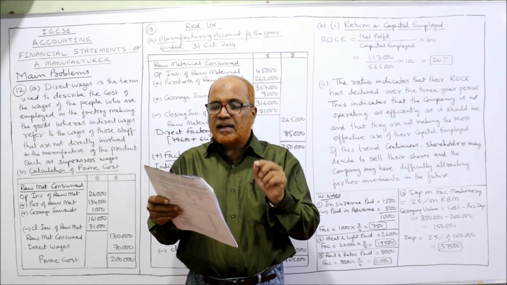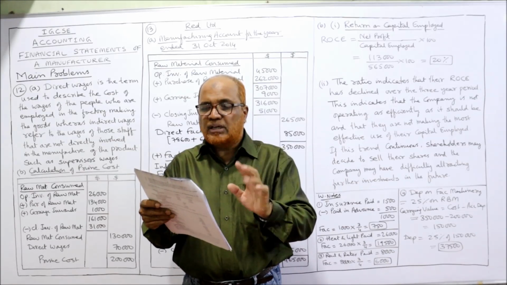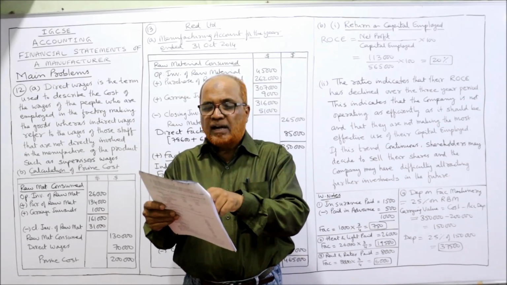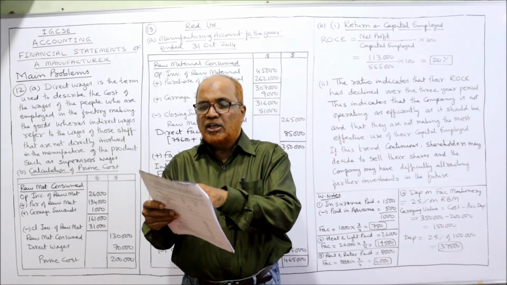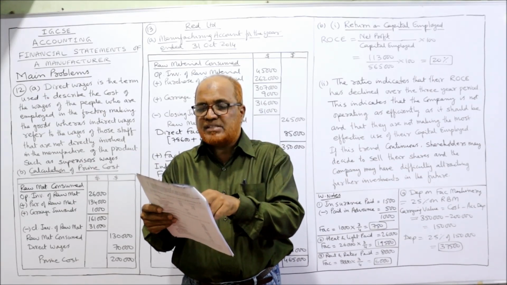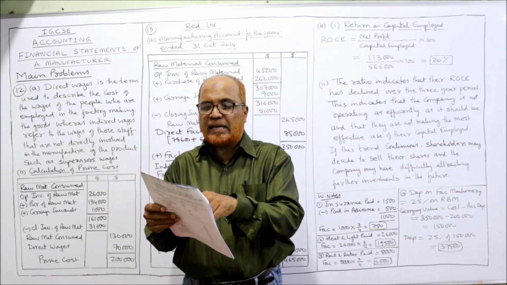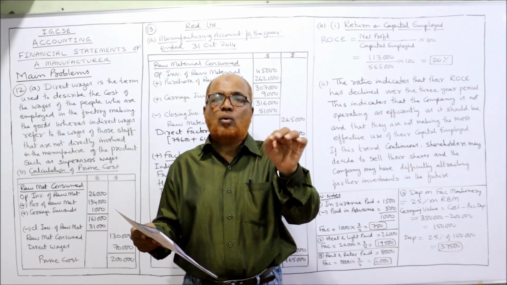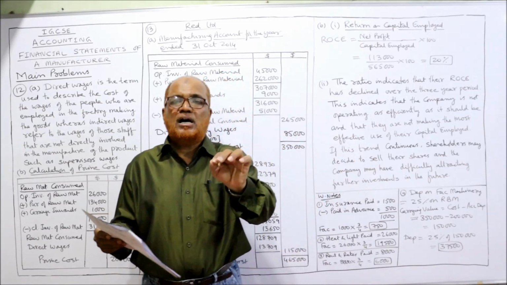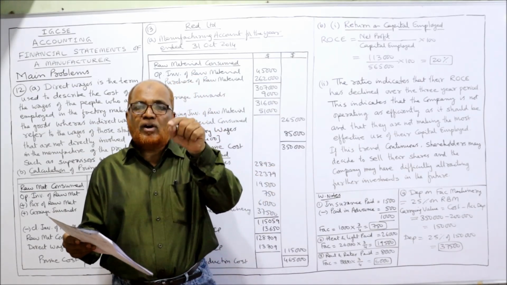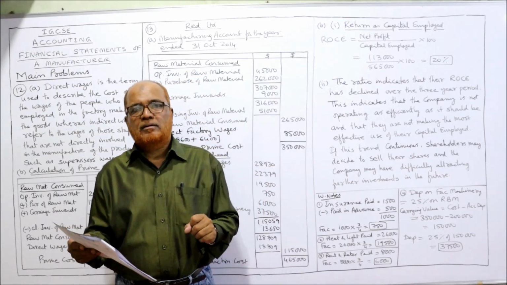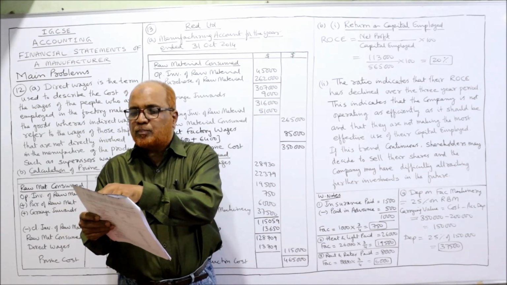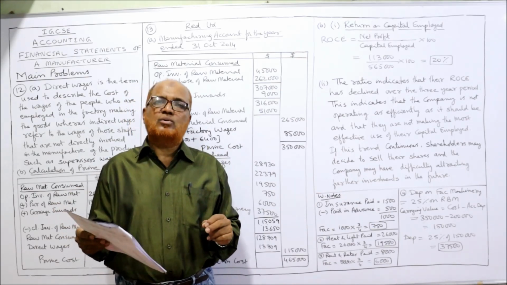Now calculate the return on capital employed for the year ended 31st October 2014 using the capital employed figure on 1st November 2013 for your calculation. So we are required to calculate ROCE, return on capital employed, for the current year 2014. And 2014, what is the net profit? 1,13,000.